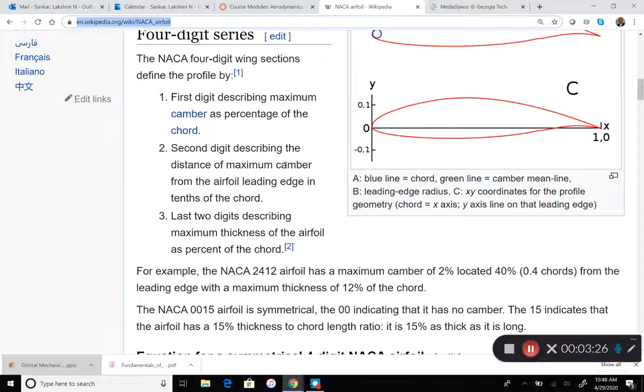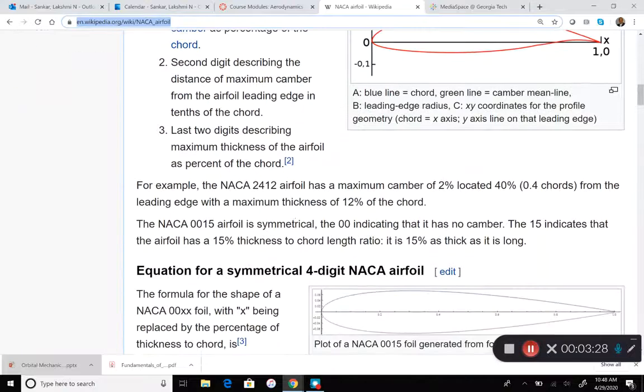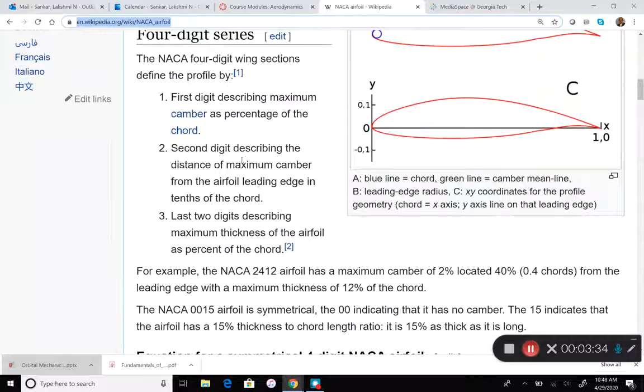So if the chord was 1 meter, this would be 2% of 1 meter, which is like 2 centimeters. The second digit, which is this 4, means the distance where the maximum camber occurs measured from the leading edge in tenths of the chord. That means 4 means 40%, 4/10 of the chord. That's where the maximum amount of asymmetry occurs.